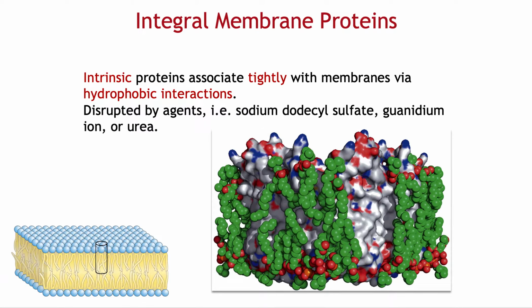One example that we could draw of an integral membrane protein, again also known as intrinsic proteins: they could be associated with the lipid bilayer only on one end of the bilayer, and then the rest of the protein is exposed to the outside. So that's an example of monotopic, right? So only a single segment. It could be on one end of the bilayer, or it could be on the other end of the bilayer, but it's still referred to as monotopic.